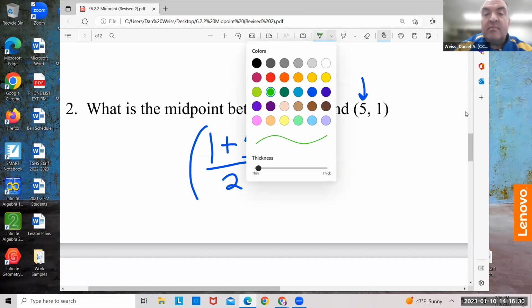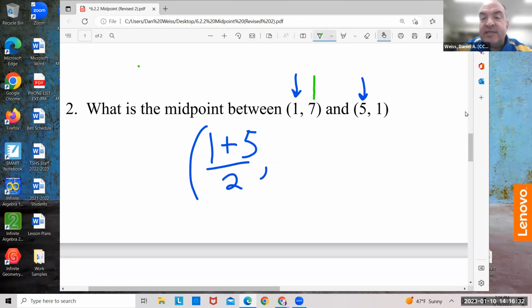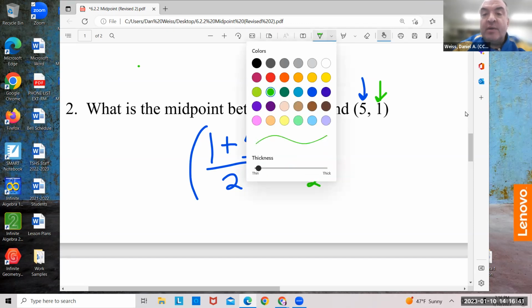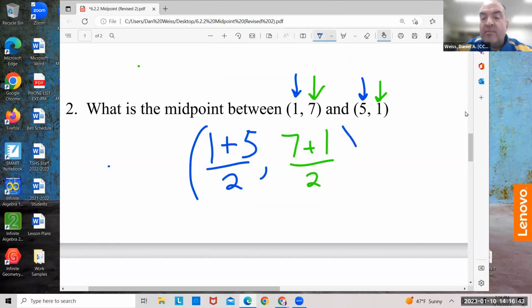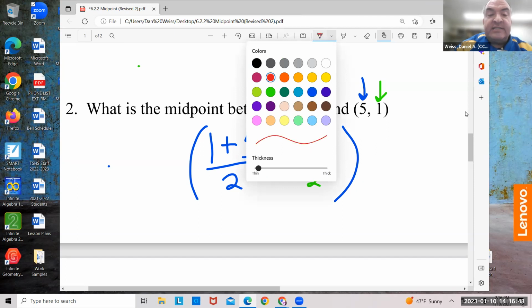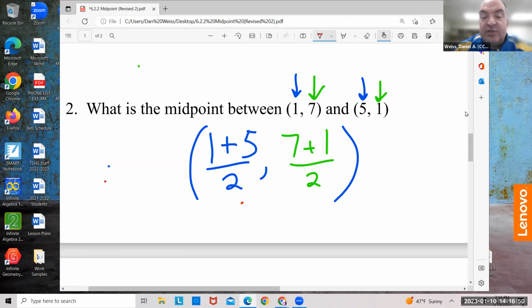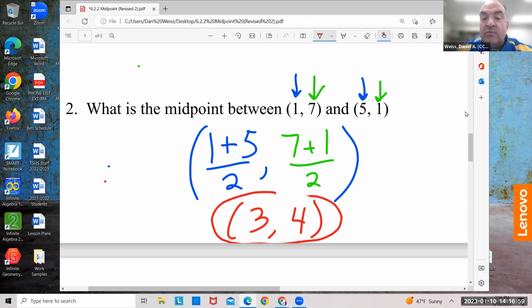Then you're going to take 7 plus this 1, 7 plus 1, and divide that by 2, right? So what do you get? 1 plus 5 is 6. 6 divided by 2 is 3. 7 plus 1 is 8. 8 divided by 2 is 4. This is all you got to do. Okay, easy.